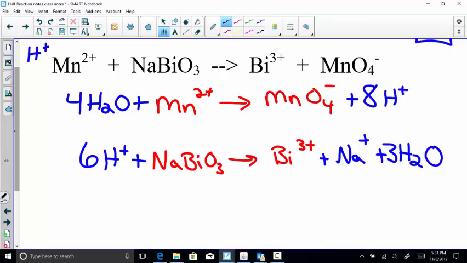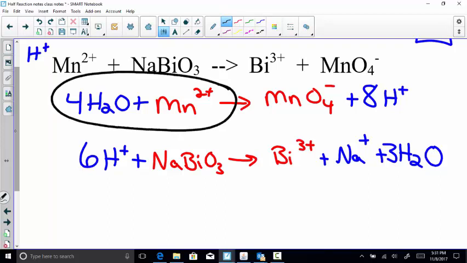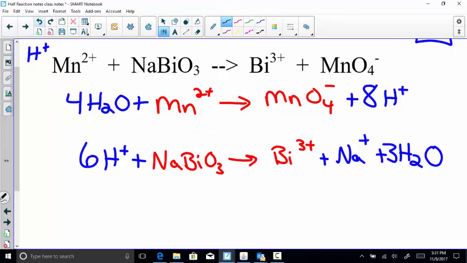But this gets a little bit tricky because you have to balance the charge. What that means is this whole side of the reaction has a charge. That charge is +2. This is 0 charge here, so 0 plus 2. The net charge over on the left side of this equation is +2.